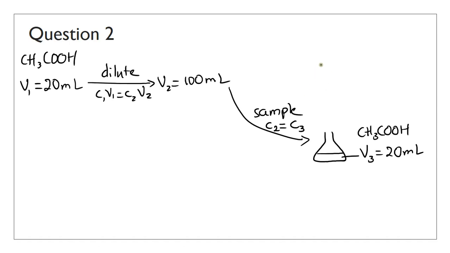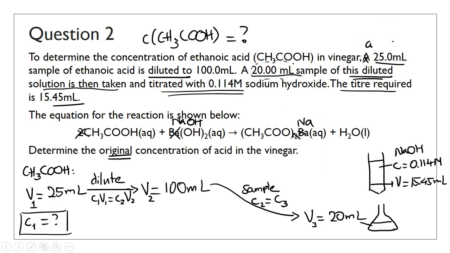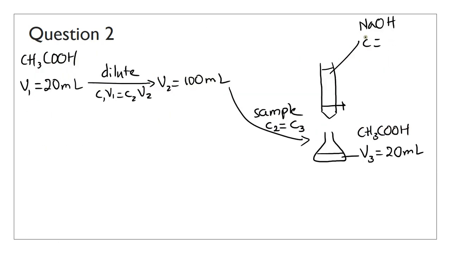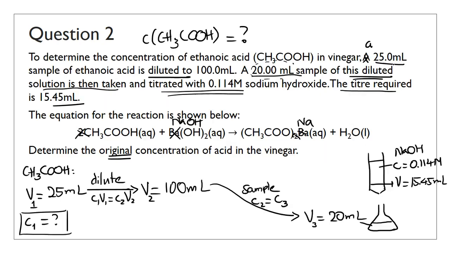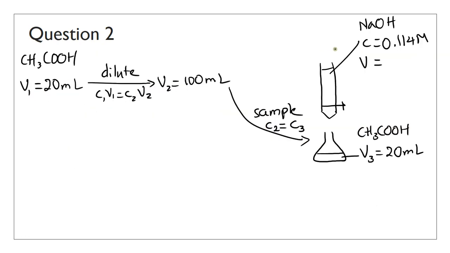You know what, this is about the time when I should probably just draw a pencil and be done with it. So you have NaOH in here. The concentration of NaOH is 0.114, and in order to achieve a complete reaction, so nothing is in excess and all of the ethanoic acid has reacted with sodium hydroxide, the volume of sodium hydroxide that I needed to use was 15.45 ml.